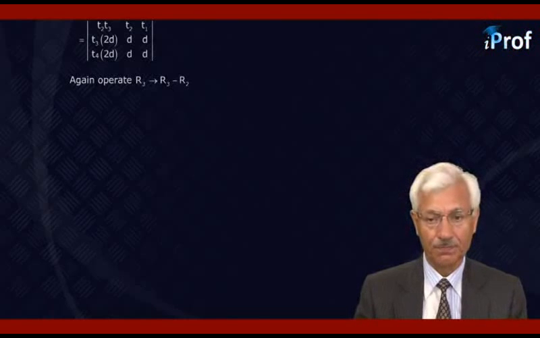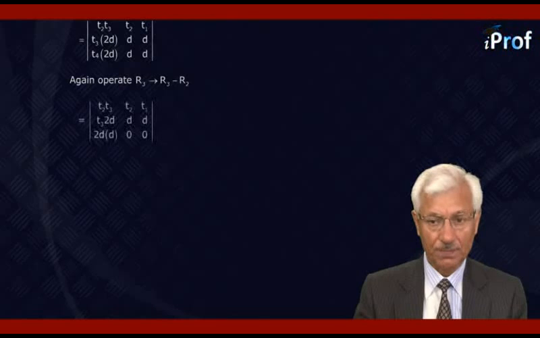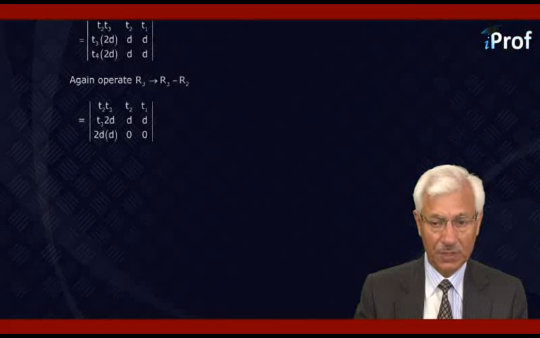We obtain T2, T3, T2 minus T1 as the first row, T3 into 2D, D as the second row, and 2D into D, 0, 0 as the third row.